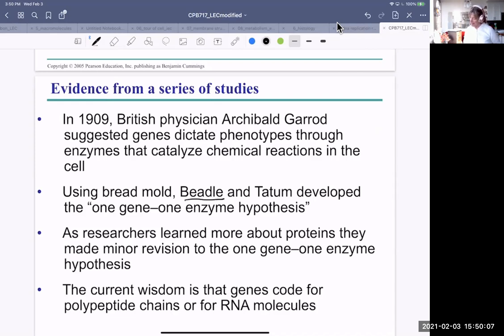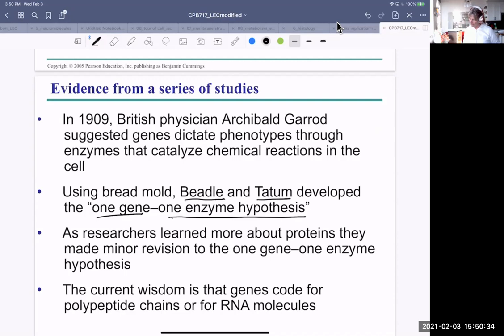And Beadle and Tatum were the first to develop what's known as the one gene, one enzyme hypothesis. But when you look at simple animals like fruit flies that have similar numbers of genes as more complex animals such as humans, there's a reason why you can get more complexity from a similar number of genes.